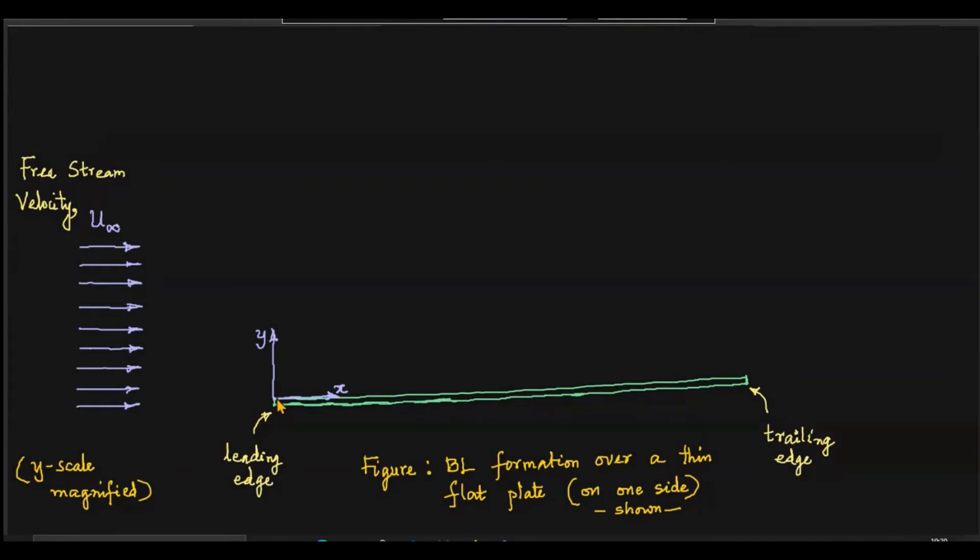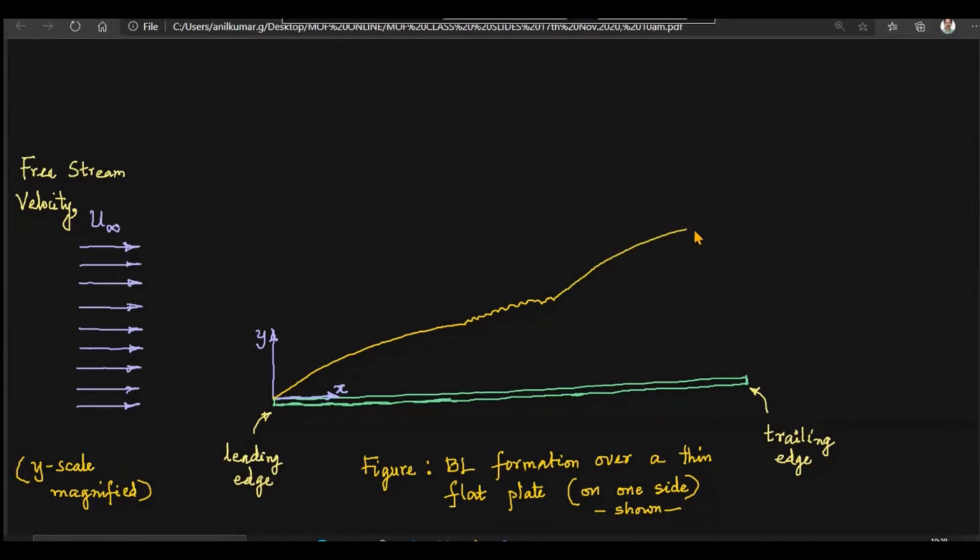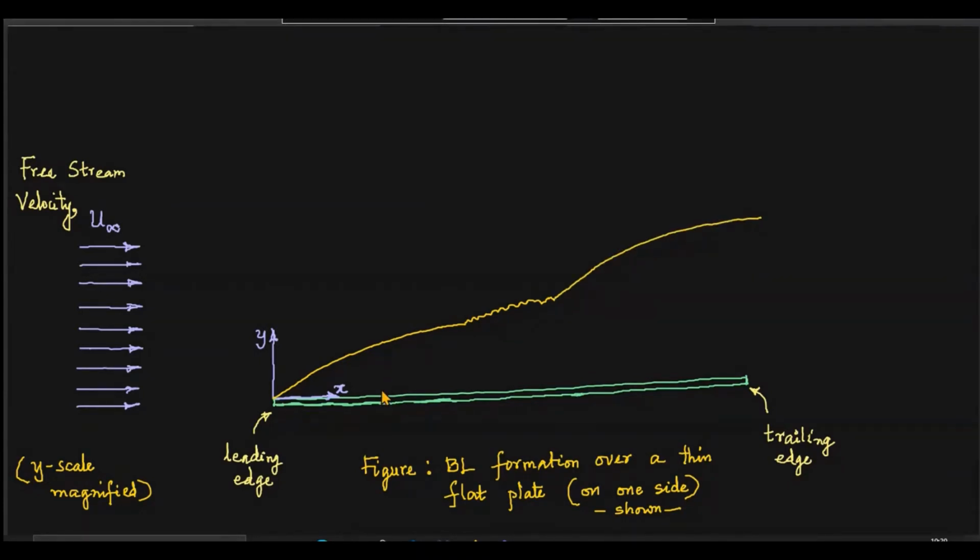So what I want to tell you is that it will be like this for some region. Typically, the thickness of the boundary layer grows rapidly in the turbulent region. I'll explain to you. That is actually the turbulent zone. So this is on one side of the typical boundary layer formation over a flat plate.